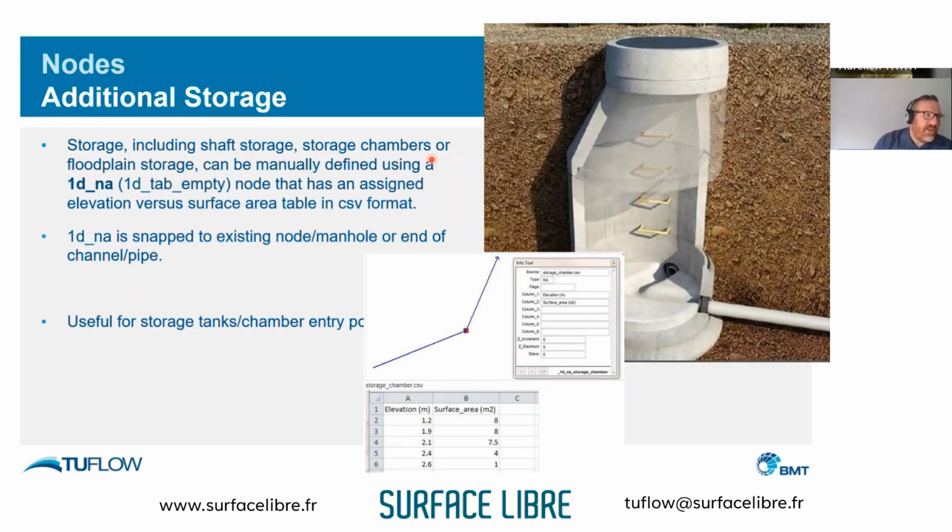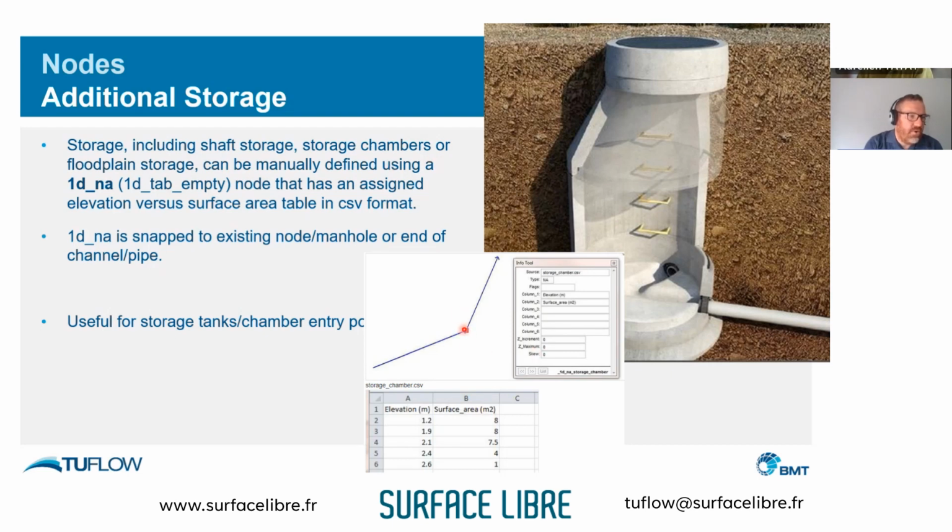If we want to do something a little more complex, if we want to represent shaft storage, storage chambers, or even floodplain storage, then we can add in what's called a 1D NA node that has a user assigned elevation versus surface area table. So in this instance, we have two pipes.